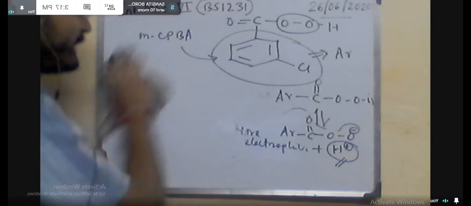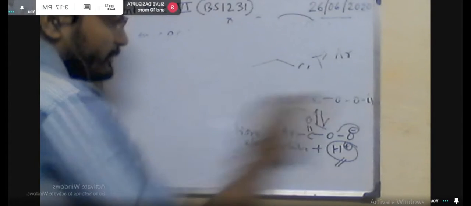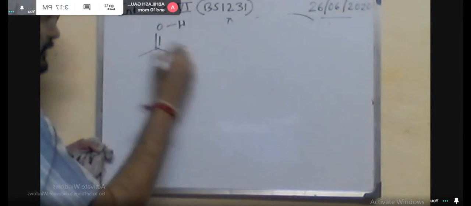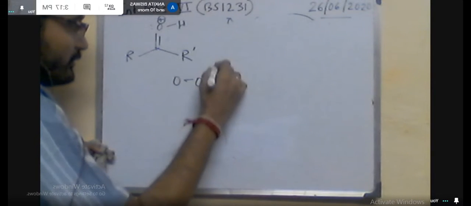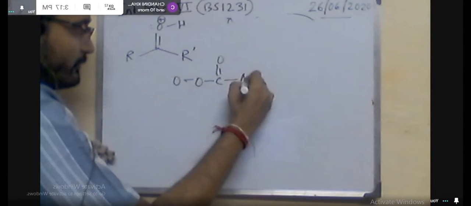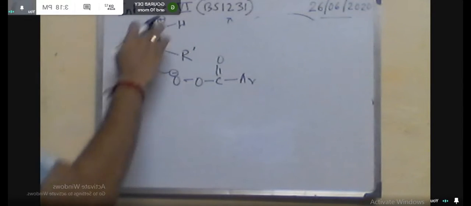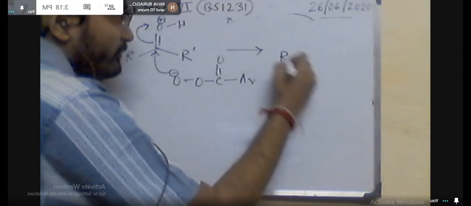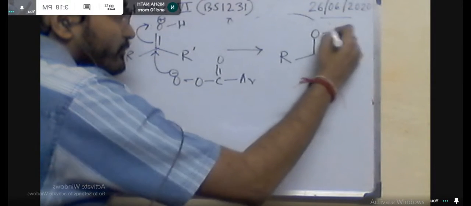So here plus, okay, so it will attack here, and the pi cloud will localize over this positive charge, and it can generate R prime O O double do Ar.